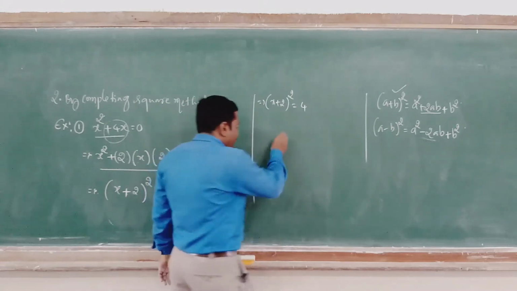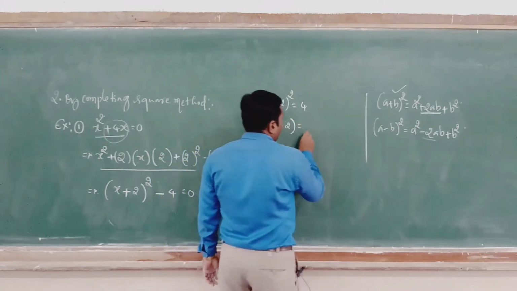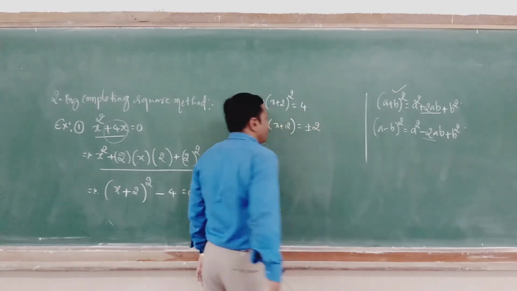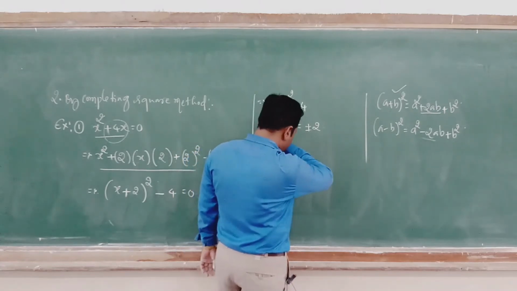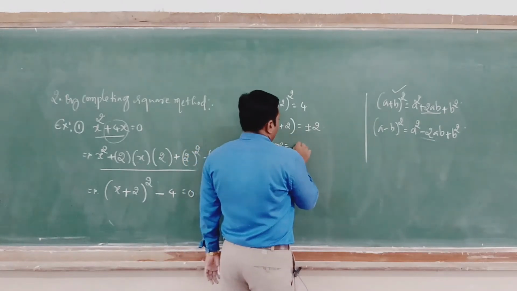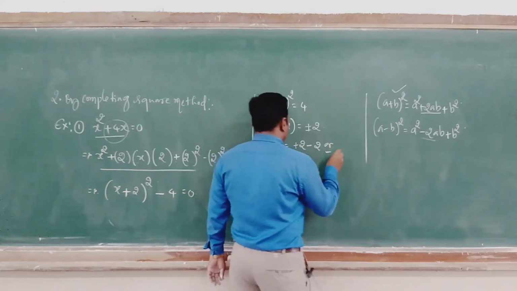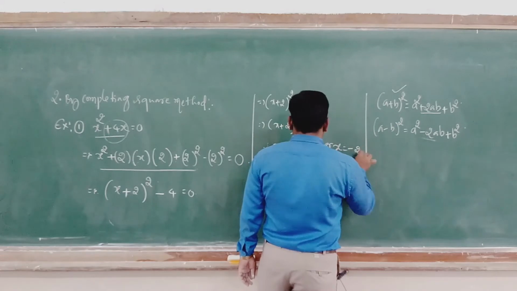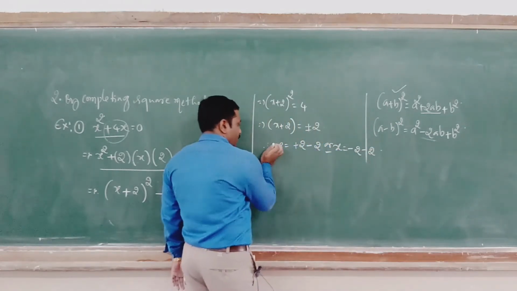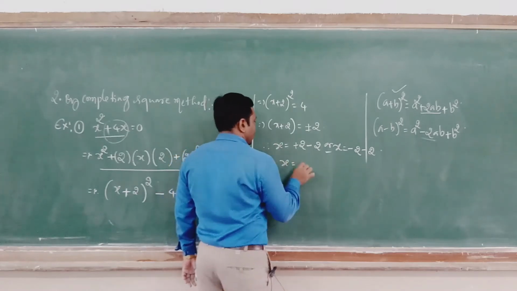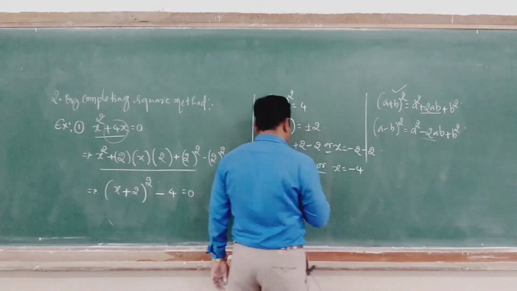Okay. Therefore, x plus 2 is equal to plus or minus 2. Therefore, x is equal to plus 2 minus 2, or x is equal to minus 2 minus 2. That implies x is equal to 0 or x is equal to minus 4.